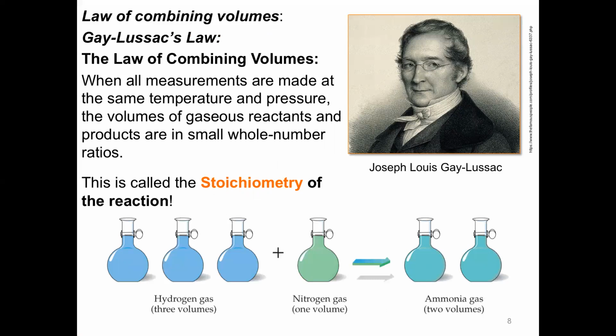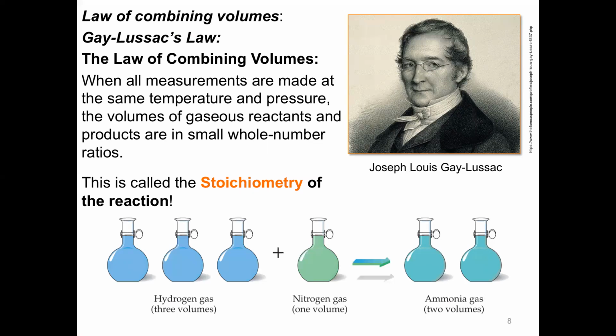So if we go back to Gay-Lussac's law, the law of combining volumes, they used gases, right? And they were able to determine that certain volumes of gases, when combined, would always produce a certain volume of the product, okay?